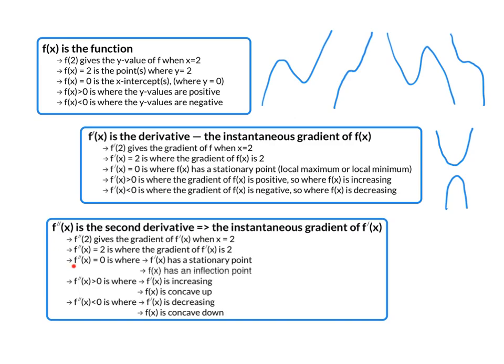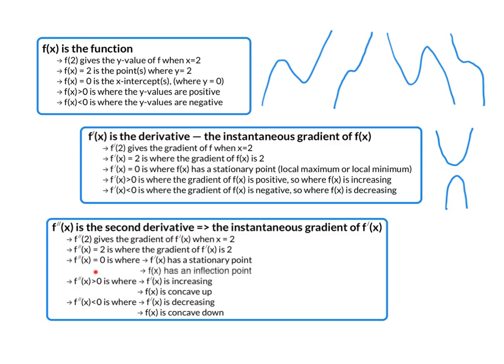Now, if I'm looking at the second derivative equal to 0, that would either mean my derivative has a stationary point or a turning point, or if I go back to the original graph, I will have an inflection point where my graph changes from concave up to concave down.